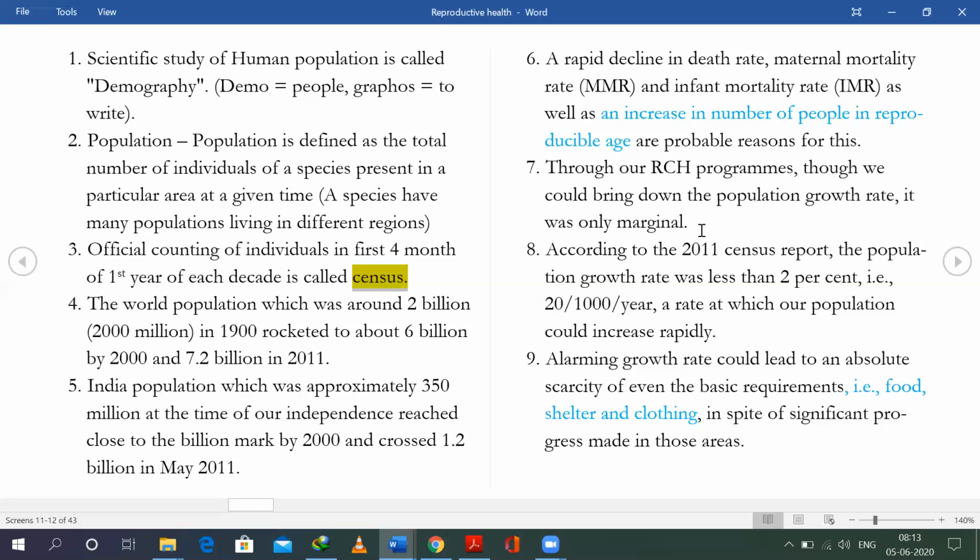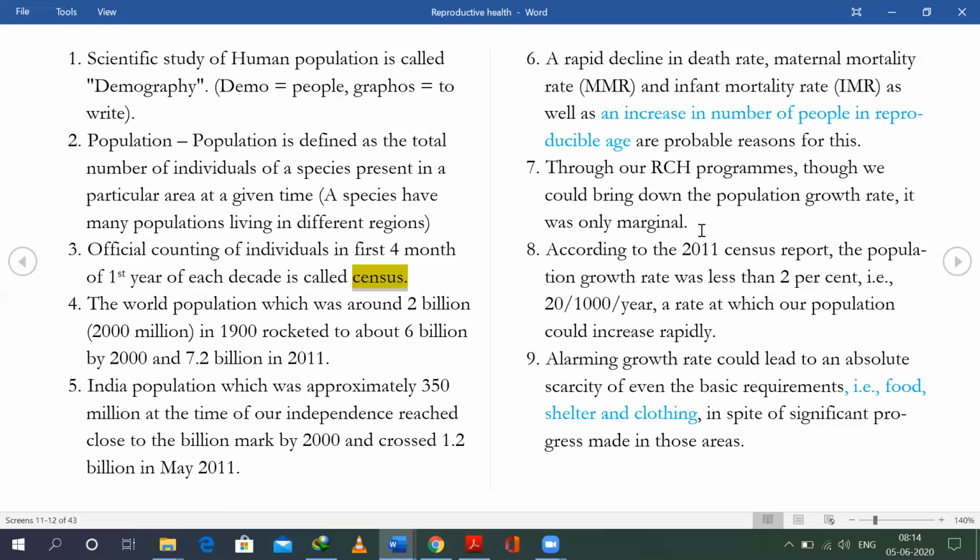By these programs, you have tried to educate people of marriageable age about the importance of desired family sizes, the importance of birth control options, and family planning. All those have been made to understand to the couple.